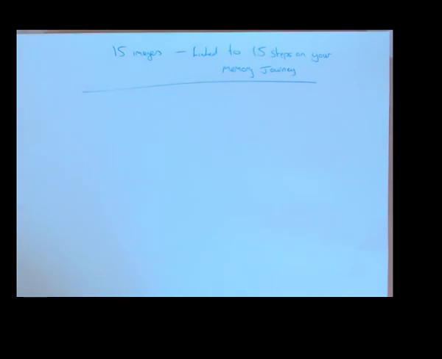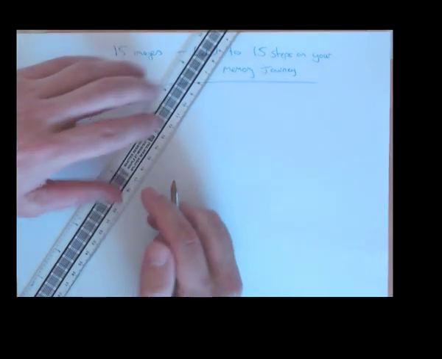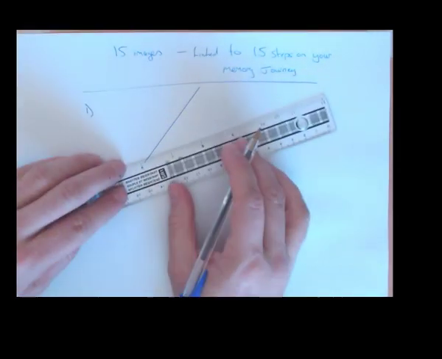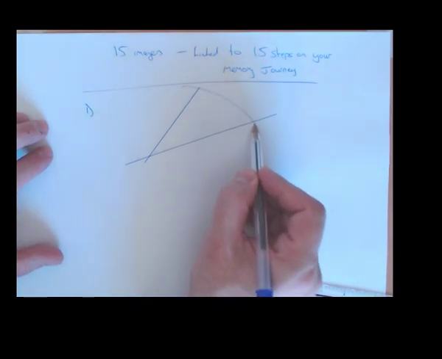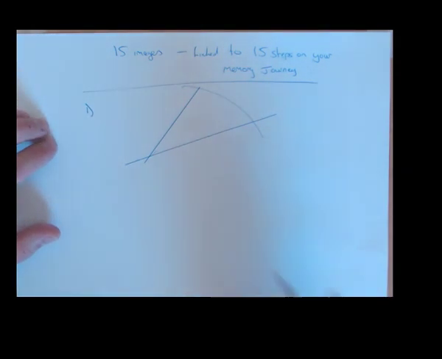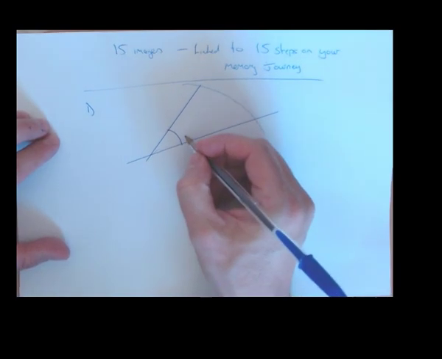So now we're going to talk about what those images are. The first image is of a pizza. When we're looking at this pizza, we have an angle.